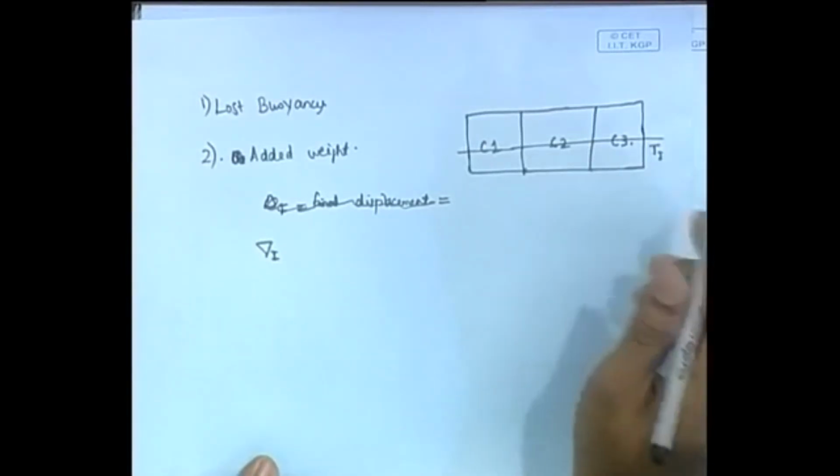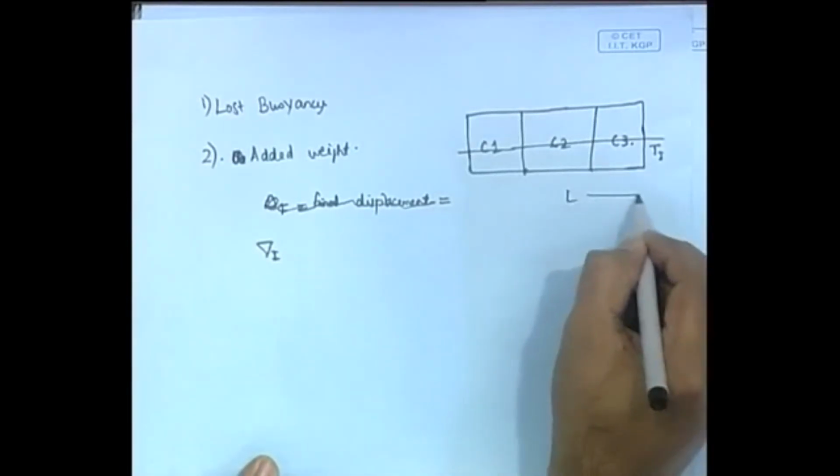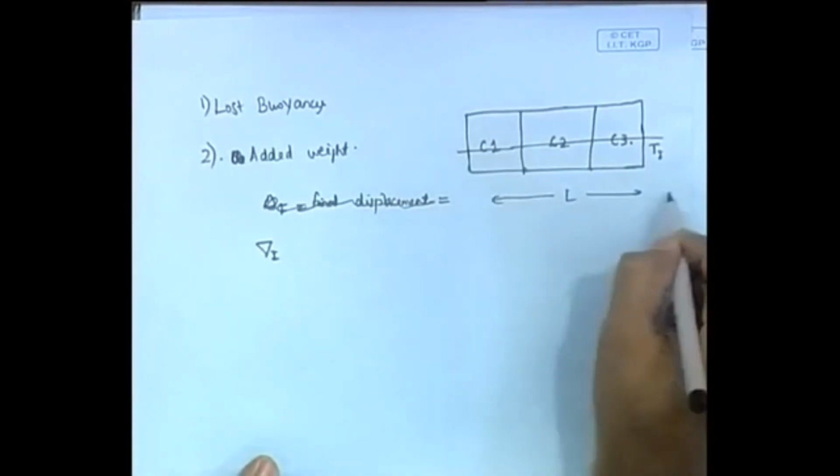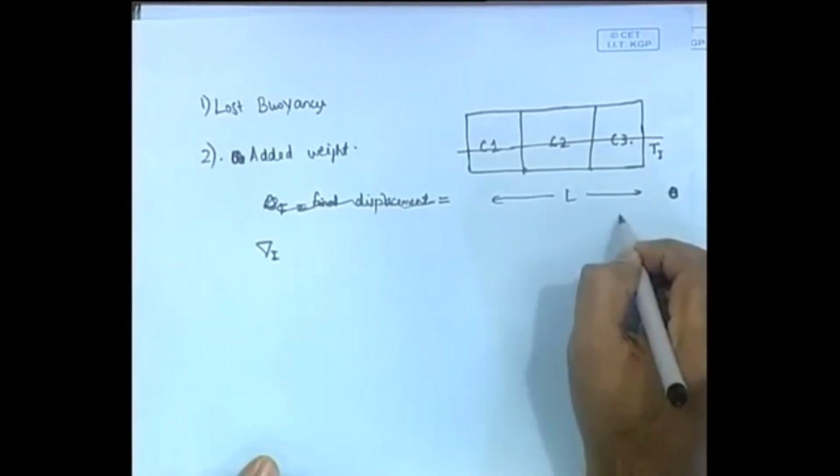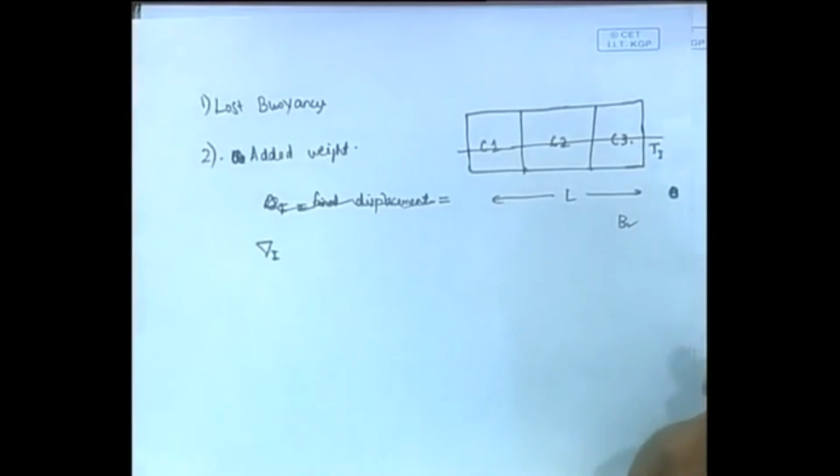So, C2 has a length L and a breadth B. Things become much more simple when you do these box shaped things. We can calculate everything very easily, so we use this for the time being.